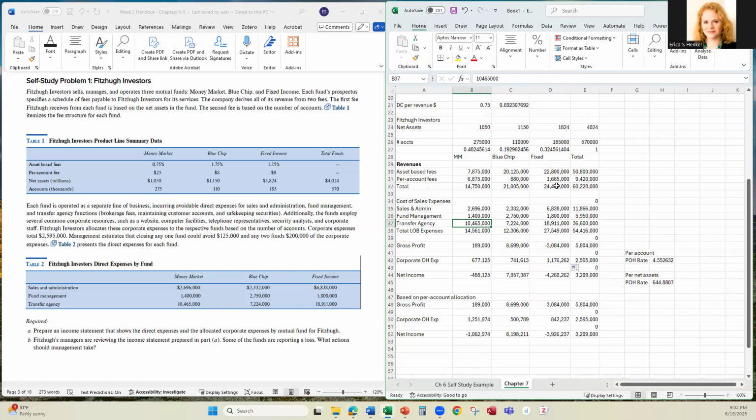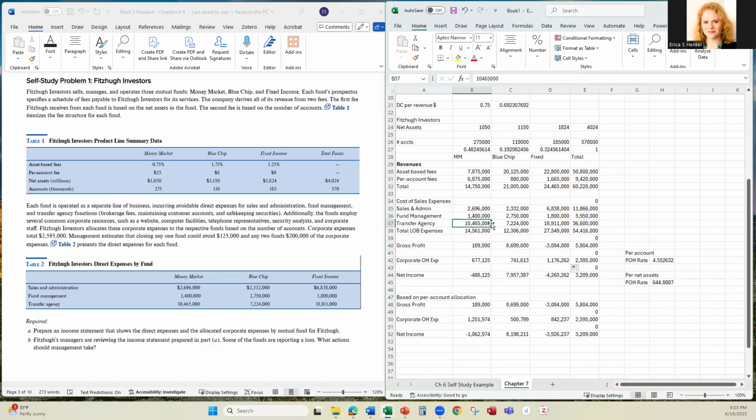So theoretically, you'd think that at least the blue chip would have more expense, but this is like more than almost twice as much in expenses. And so maybe this one is closer to being right, but seems out of whack how much they're assigning here in terms of both sales administration and also in particular these transfer agency fees.